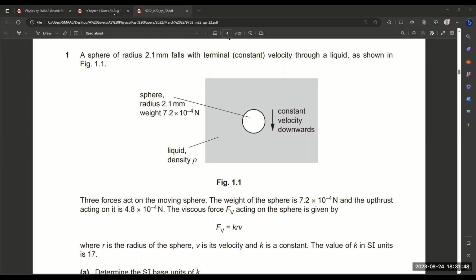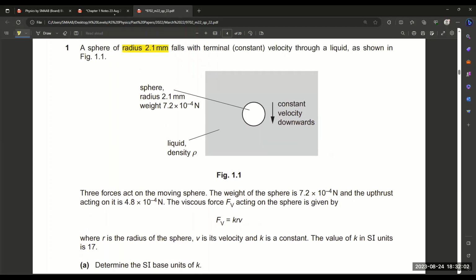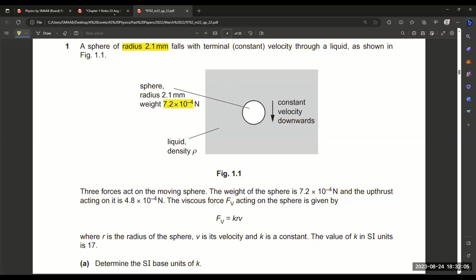So let's try to solve the first question. A sphere of radius 2.1 millimeter falls with terminal constant velocity through a liquid as shown in the figure. Three forces act on the moving sphere: the weight of the sphere, the upthrust, and the viscous force, right? The viscous force is unknown basically. We know two forces, but the third one is missing, right?